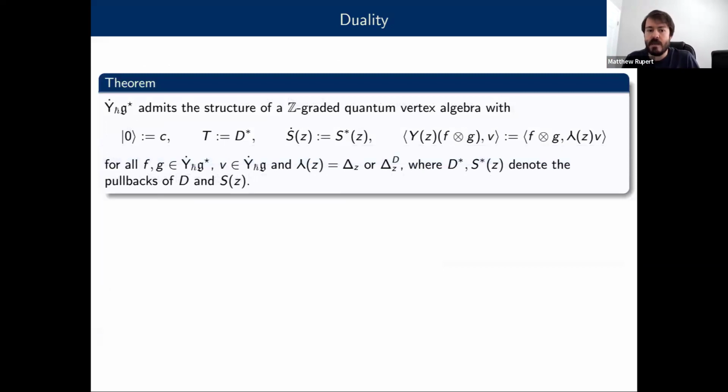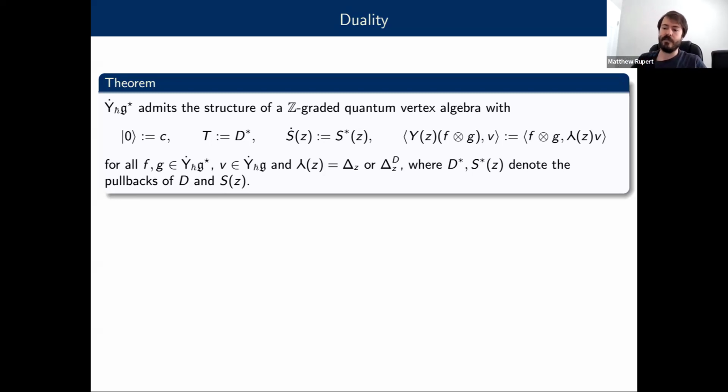So this space admits the structure of a Z-graded quantum vertex algebra. And here we take the vacuum vector to be, C should actually be the counit, right? So the vacuum vector is just the counit. T is the pullback of this operator D I introduced earlier.